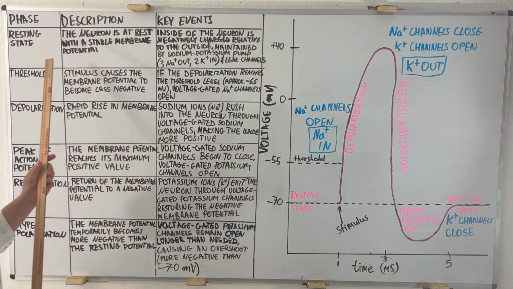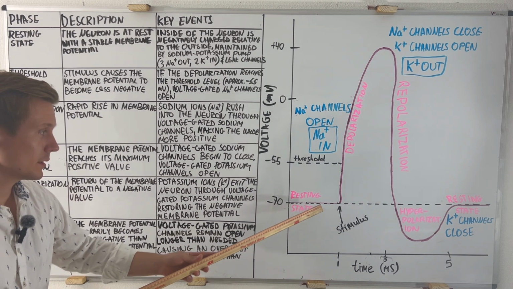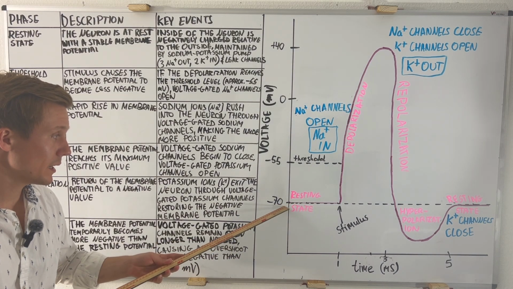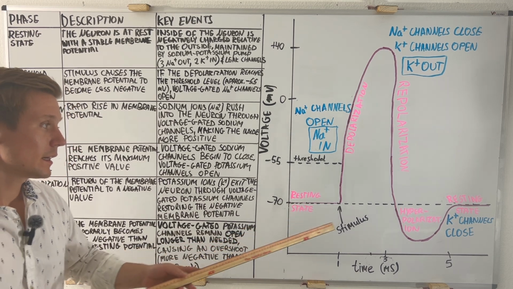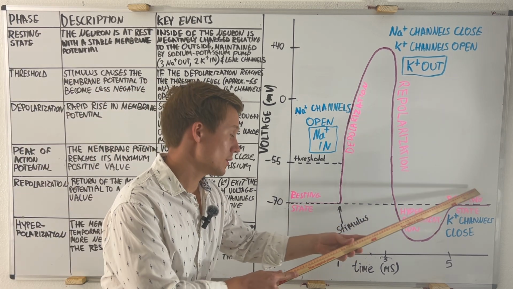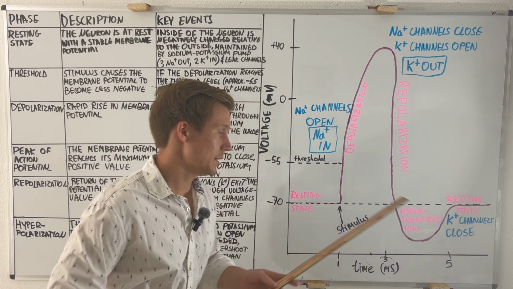And so starting off with the resting state phase, which is depicted right here, we're at the -70 mark along this flat line, and then also here along the -70 mark along with the flat line here.